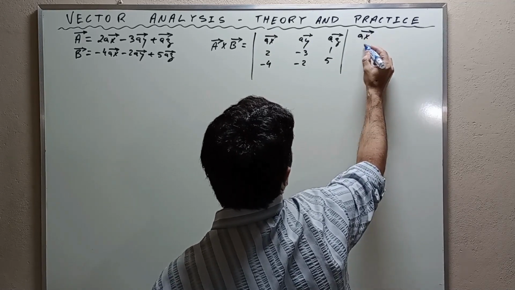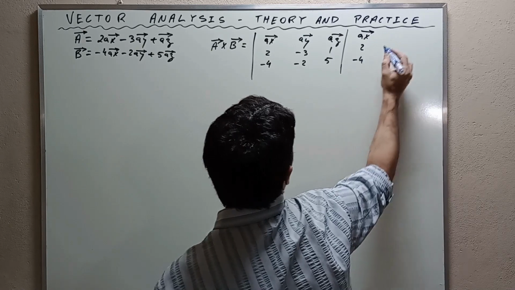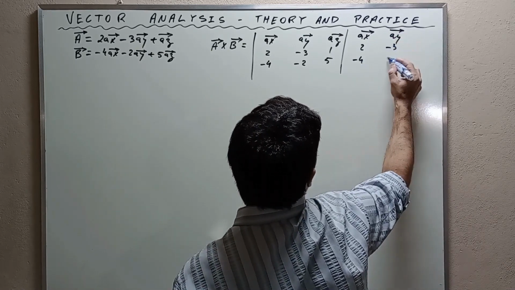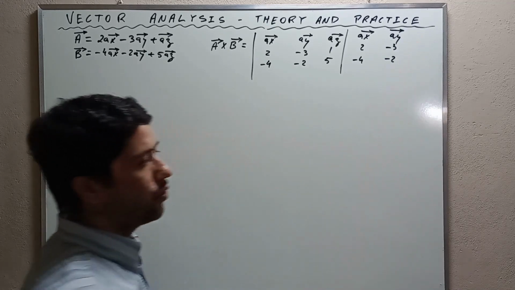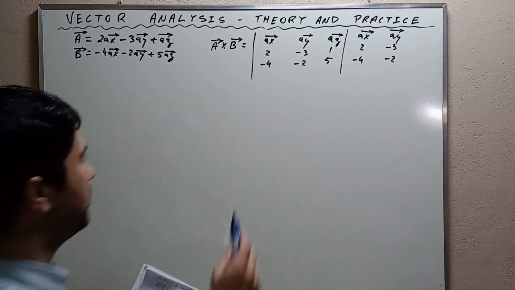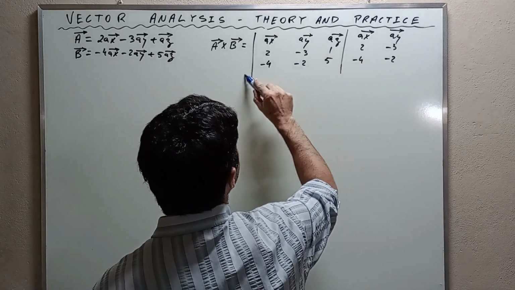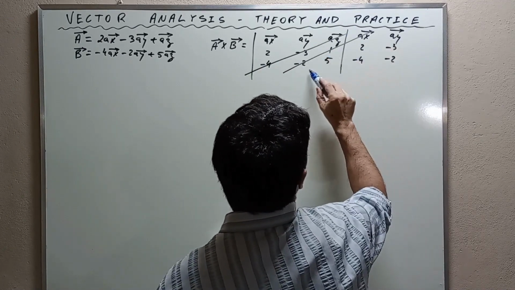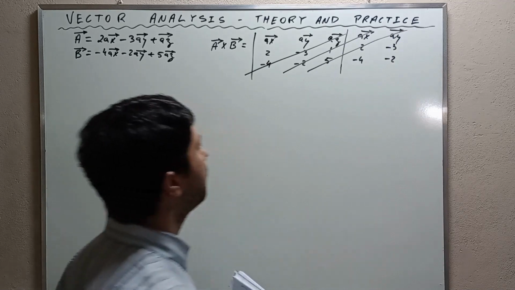AX to -4, AY -3 and -2. Okay? Now we follow the multiplications guided by these arrows here. This, and this.